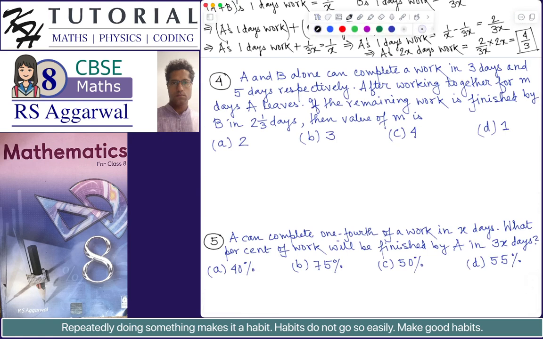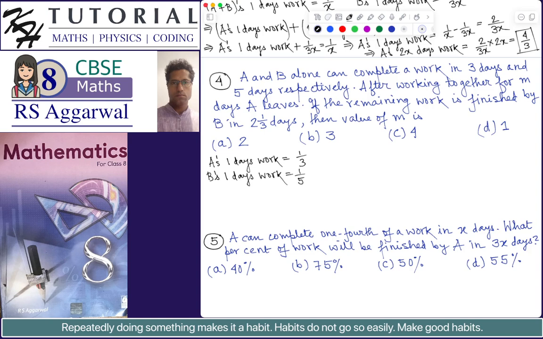Okay, so we can say that A's 1 day's work is equal to 1 by 3. Similarly, B's 1 day's work is equal to 1 by 5.